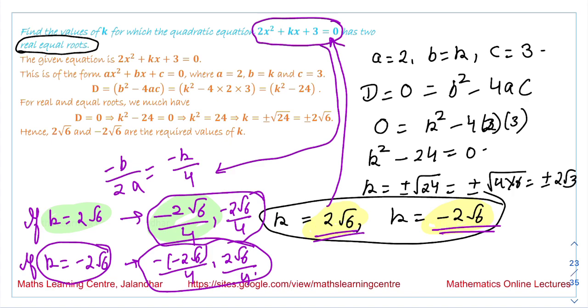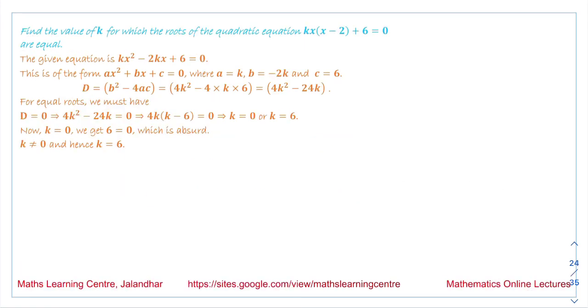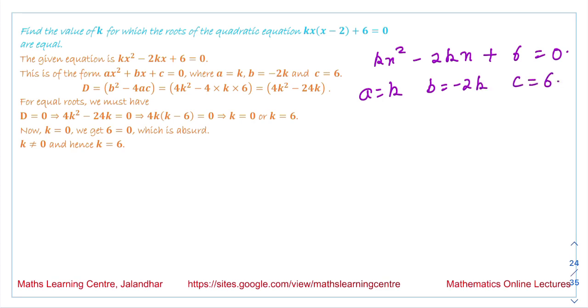Next is find the value of k for which the roots of the quadratic equation are equal. So you can write this equation in the form kx square minus 2kx plus 6 is equal to 0. So the value of a is k, b is minus 2k and c is equal to 6.